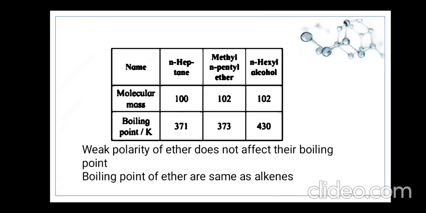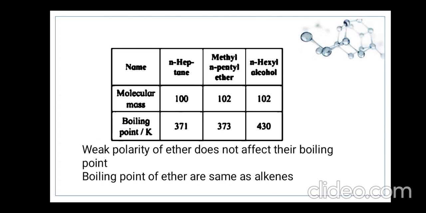Now here we will see the molecular mass and the boiling point. Heptane has a molecular mass of 100. Methyl pentyl ether has a molecular mass of 102. And hexyl alcohol has a molecular mass of 102. Now the boiling point of n-heptane is 371 Kelvin. Methyl pentyl ether has a boiling point of 373 Kelvin.